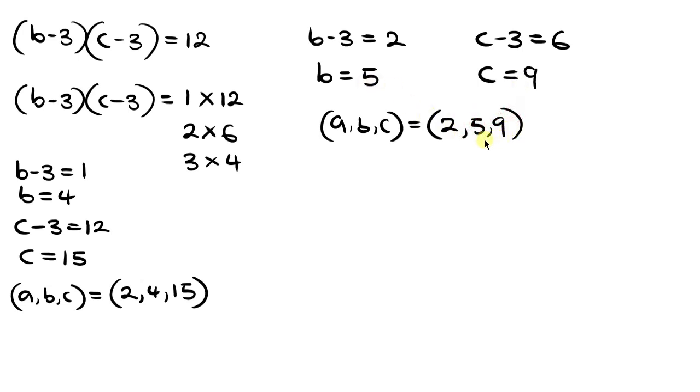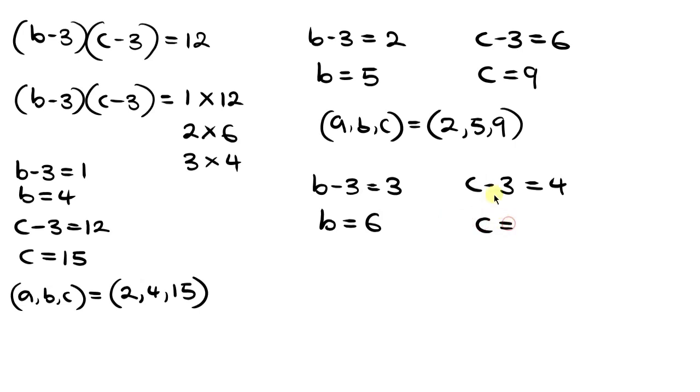All right, now let's go to the last factor. This time, B minus 3, which is a smaller factor, is equal to 3. And C minus 3, which is the bigger factor, is equal to 4. So this makes B to be equal to negative 3 to the right becomes plus 3. So 3 plus 3 is 6.